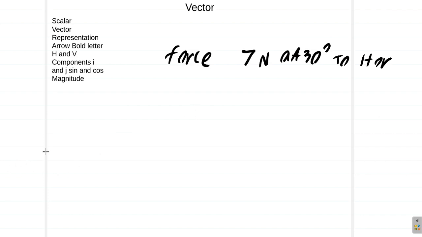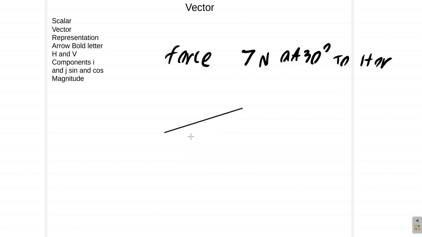Well, the 7 newtons, what you do? You draw a line, and if you use a graph, 1 centimeter for 1 newton, you make it 1, 2, 3, 4, 5, 6, 7 centimeters.